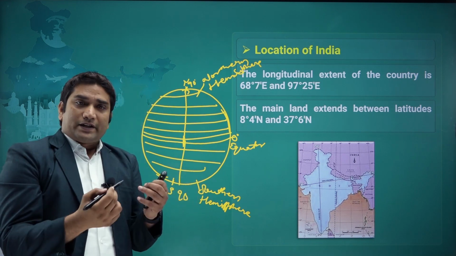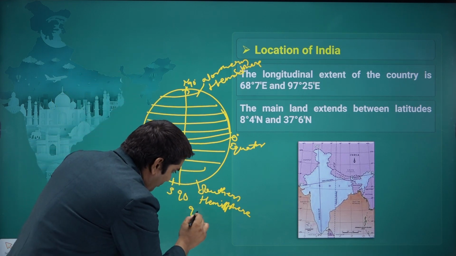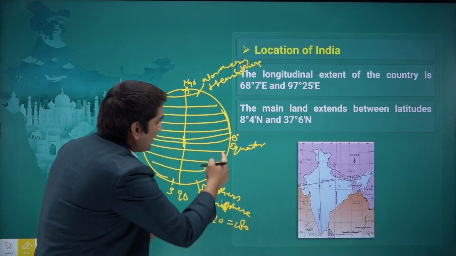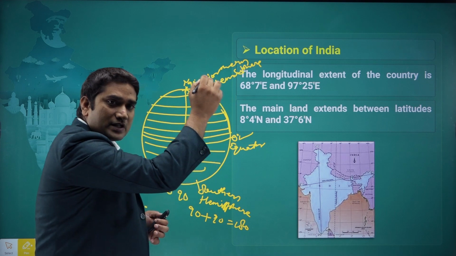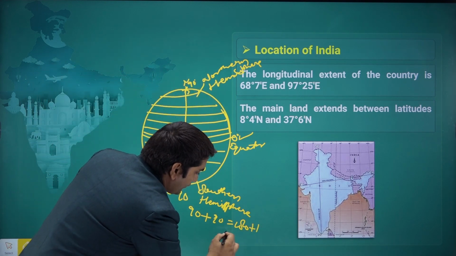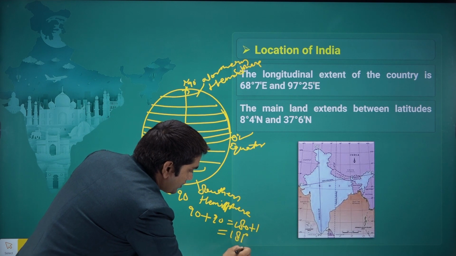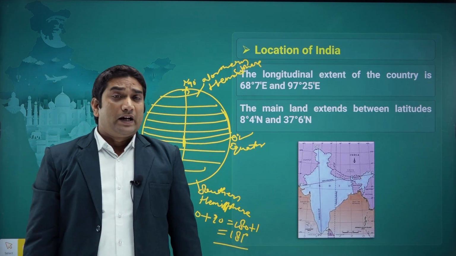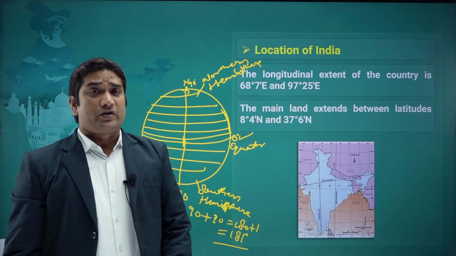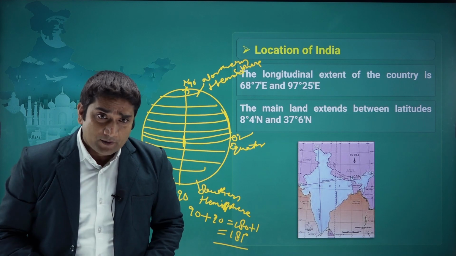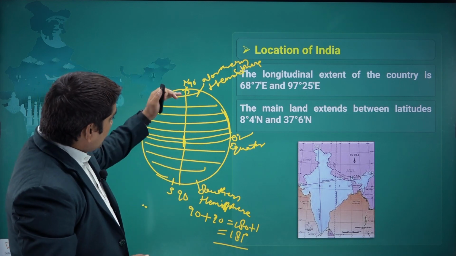So how many latitudes do we have? 90 plus 90, 180, and one more, that is 0 degree, which is denoted by the equator. So we have a total of 181 latitudes on the surface of the earth. To find out the location of any country, region, district or state, latitudes play a very important role, right?